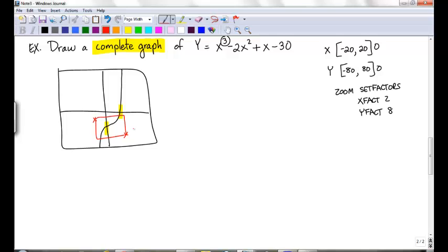I think I'm still in zoom box, so I should just be able to go over and put a pin down, just over that portion. Yep, I want to see what's happening in there. You could do it by zoom in, zoom in, zoom in. You could do it that way too. But this way I stay in the area that I want to be in.